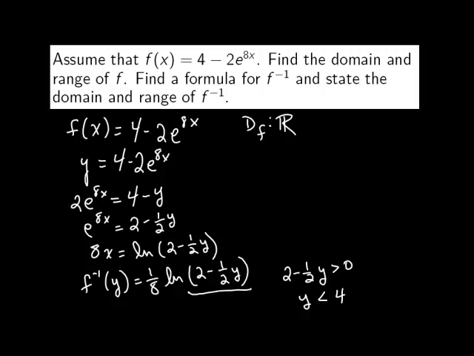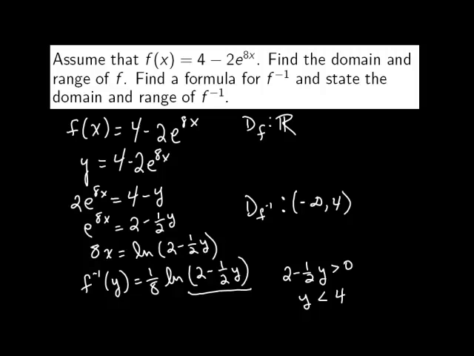That is, send the 2 over and I get negative 1/2 y is bigger than negative 2, and then multiply both sides by negative 2. Remember when you multiply by a negative number with an inequality, you must flip the sign. So y is less than 4. So the domain of f inverse is going to be negative infinity to 4.